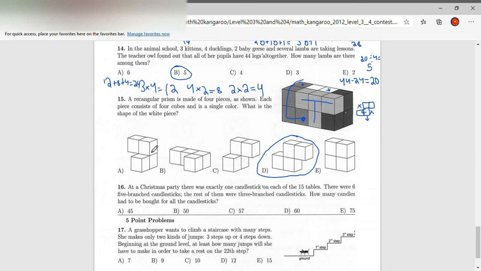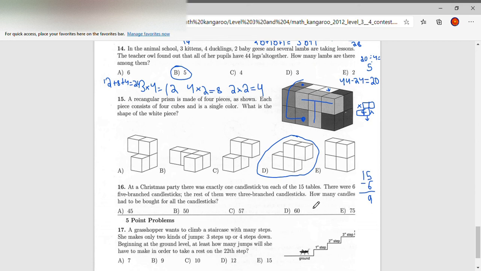And since there was 1 candlestick on each of the 15 tables, and we already know that there's 6 5-branched ones, that means 15 minus 6 will get us how many 3-branched candlesticks there are, and that would be 9. So now we have to do this equation to solve and get our answer.